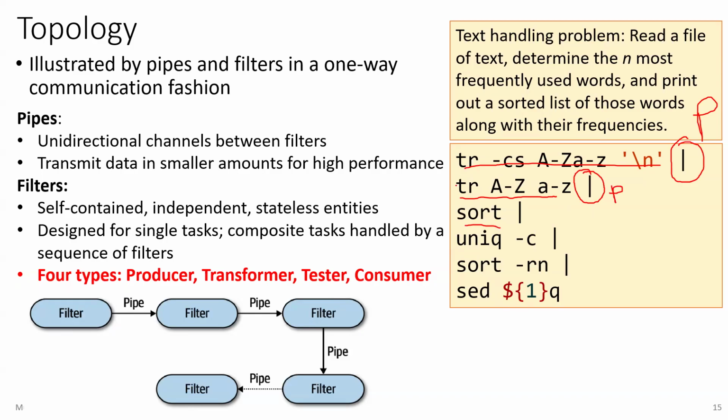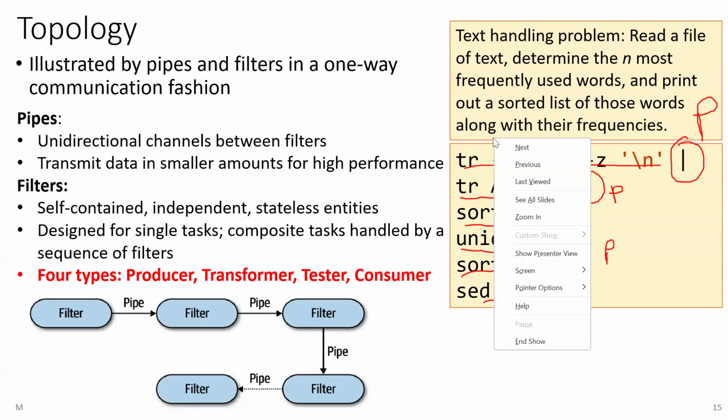So we are translating something here. And then we sort, and this is another pipe. Then we find unique counts, and this is another pipe. Then we sort based on minus rn, which we will discuss in a minute. Then this is another pipe, and then we do something else, and then we stop.